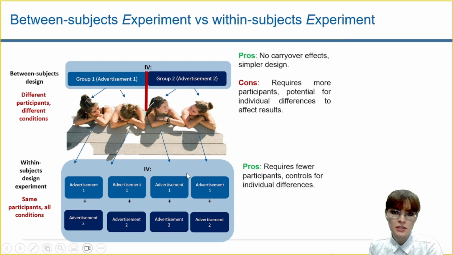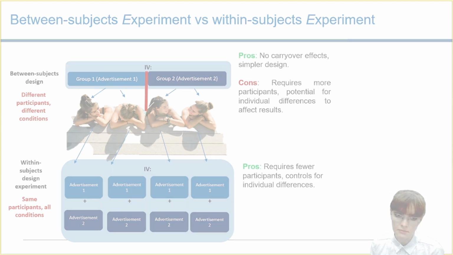In within subject design, it's also possible to better control for those individual variations compared to the between subjects design. Because exactly same person viewed two of the advertisement and you measure their effects on them.